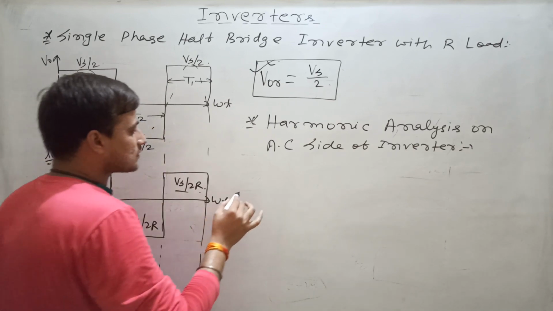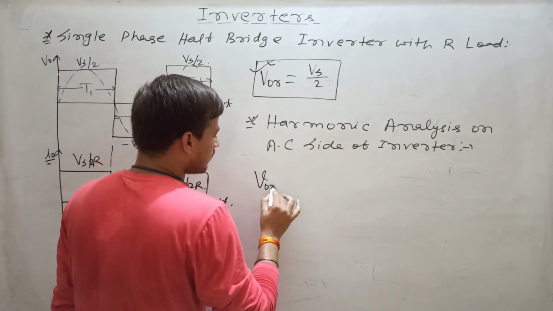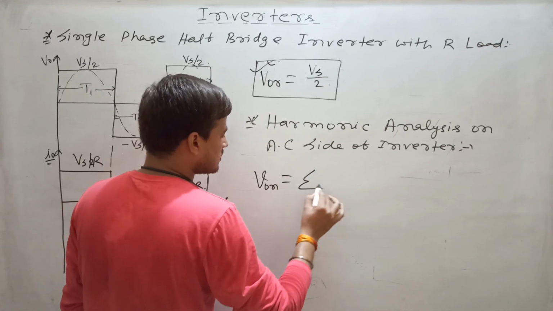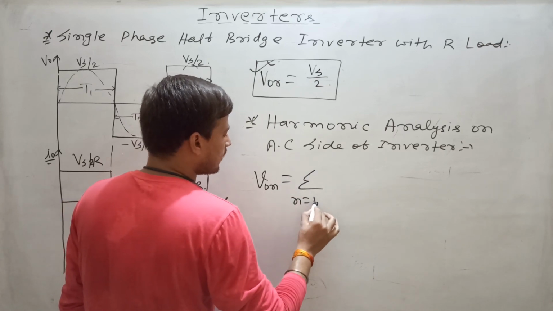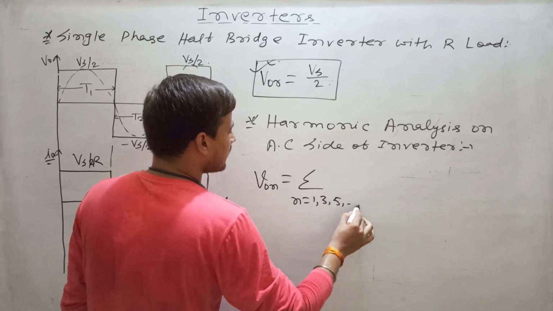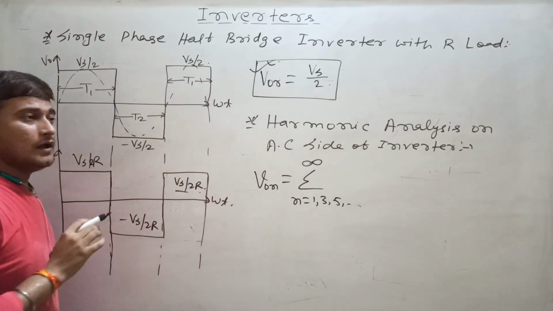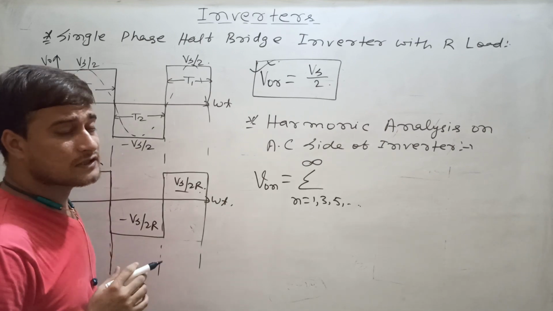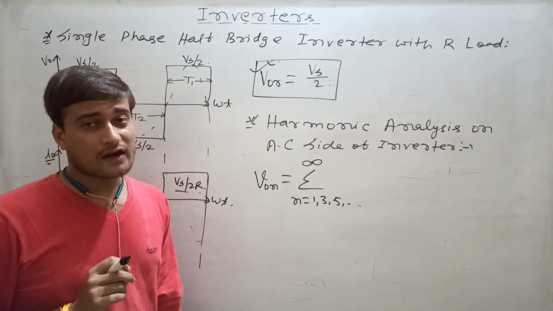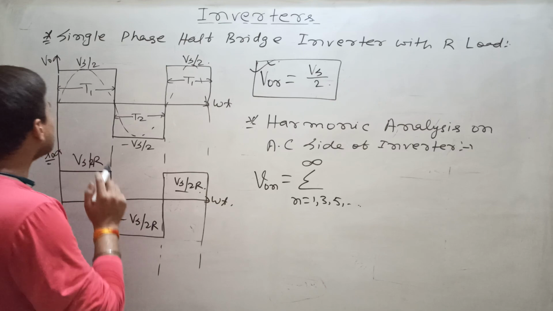You will write the equation V0n will be equal to the sum over n equal to 1, 3, 5 and so on up to infinity. In the case of rectifiers, you write 4Is divided by n pi. Here what do you see?